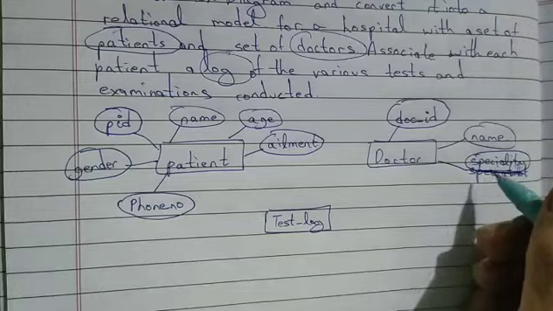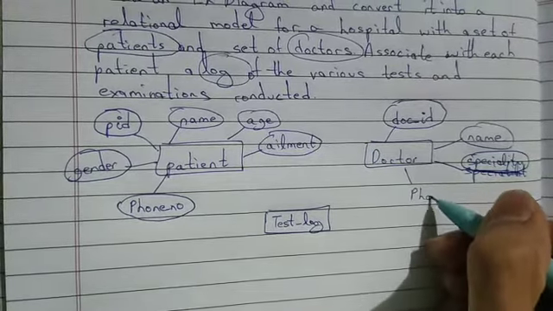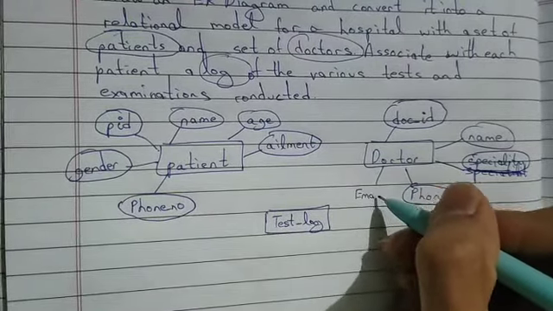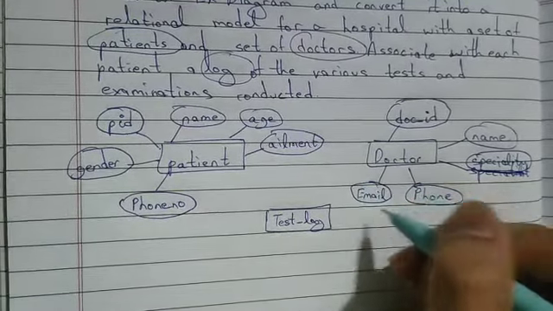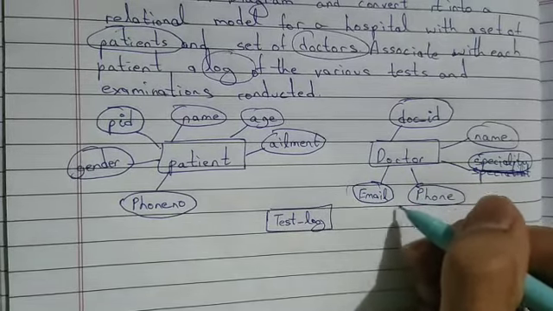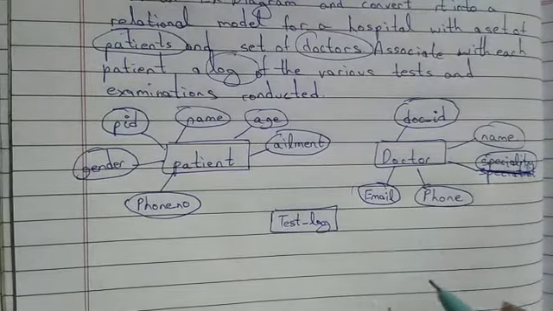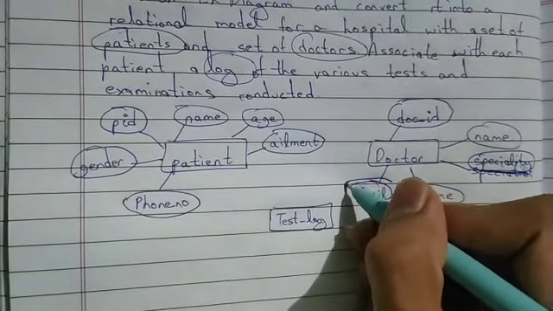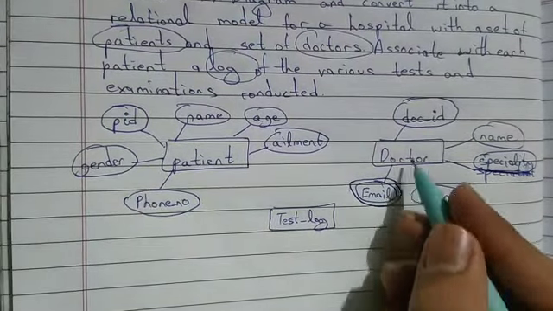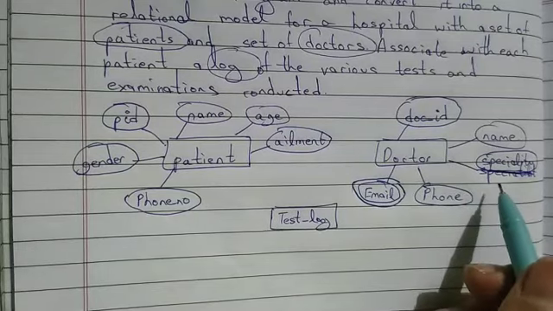Then we have, let's say, the contact details, so phone number and perhaps an email as well. Since this is our database, we can either make this multi-valued or single valued. I just wanted to make things simple, so I kept everything single valued. But if you want, let's keep one variable as multi-valued. Multi-valued means a doctor can have multiple email addresses, but however a doctor can only have one phone number.